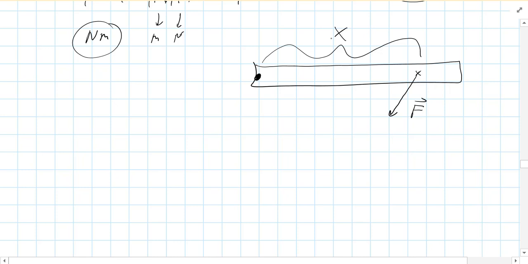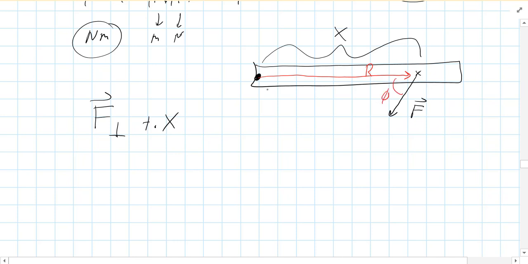There are two ways to figure out what the torque created by that force is. You can determine how much of the force is perpendicular to x. So we draw x. Here's your r, and there's your F. This is your phi, the angle between them.